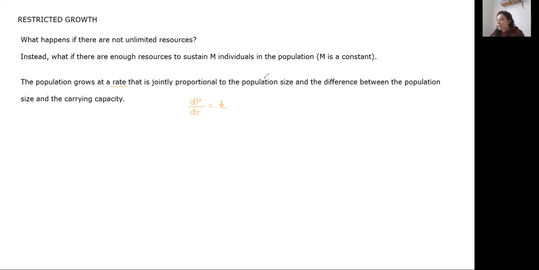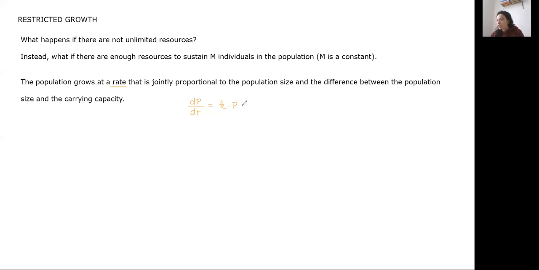The first thing is the population size, because we still should have that if there are just a few individuals in my population, then the more individuals you have, the faster they will grow, right? That's the initial idea for that part.